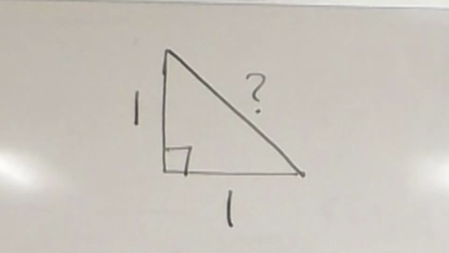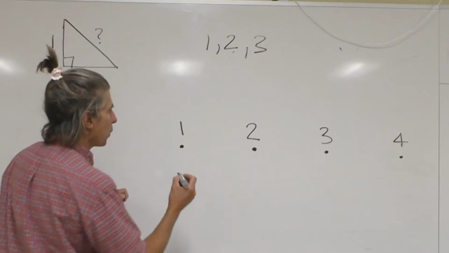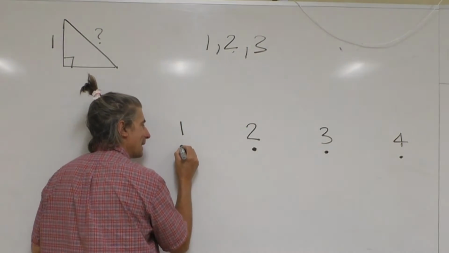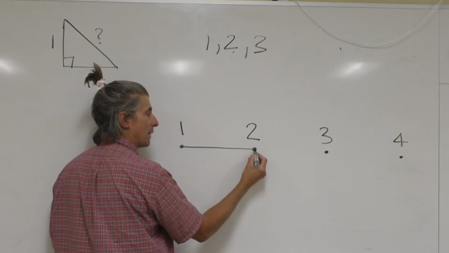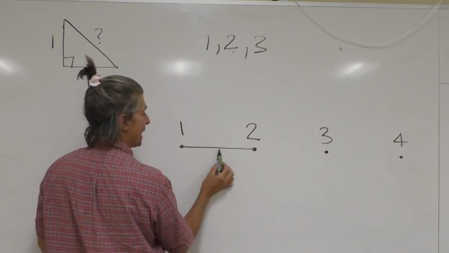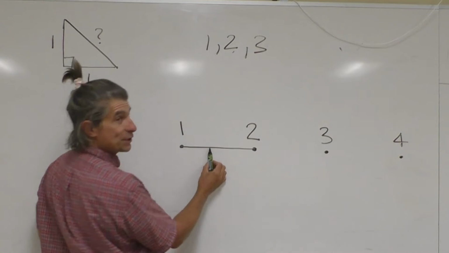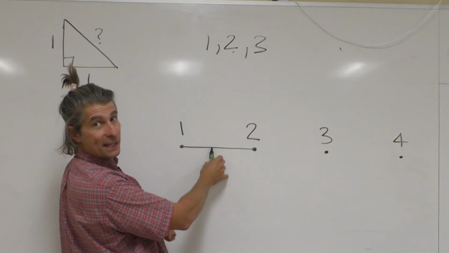It's got to be something between 1 and 2. That forced humanity to start dealing with the space between the 1 and the 2. As it turns out, that question mark is somewhere right about here, and we'll study that more in this class when we start taking square roots of things.